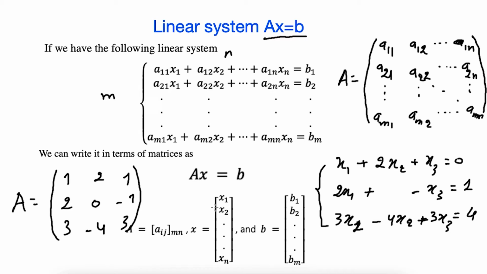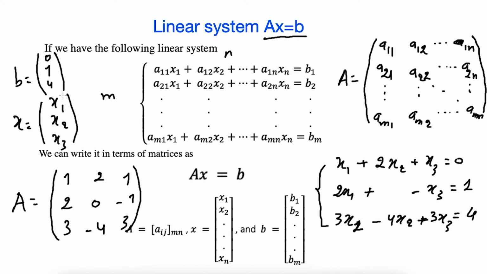So this will be the matrix A, and when we multiply it by x, the vector x will be x1, x2, and x3, and the vector b will be 0, 1, 4. In this example, the number of equations m equals n, the number of unknowns.